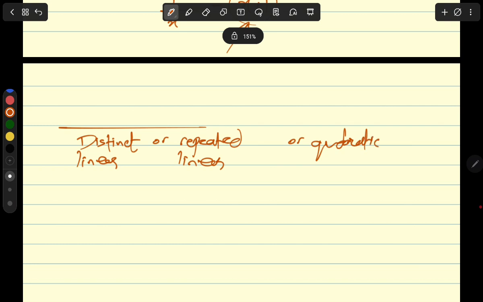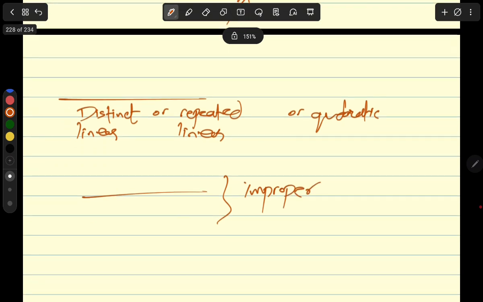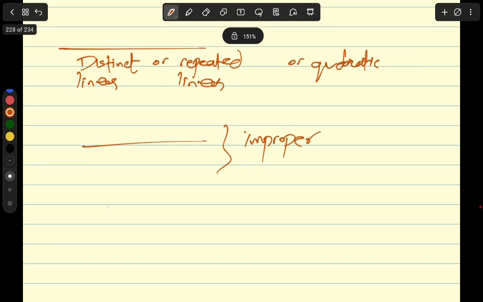They usually are not going to give you cubic. Also ask if the entire fraction is improper. And how do you identify if the entire fraction is improper? When the degree of the polynomial in the numerator and in the denominator are the same, right? So first you have to identify this, and then you have to choose the correct decomposition, right?